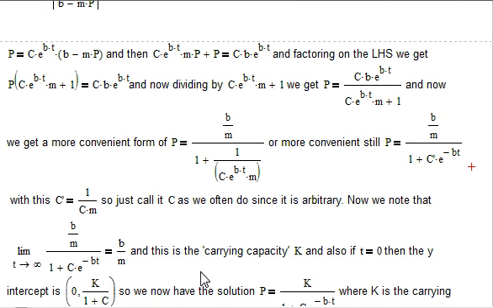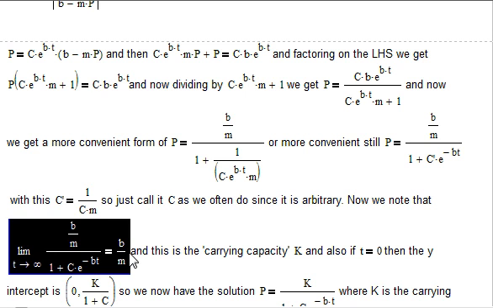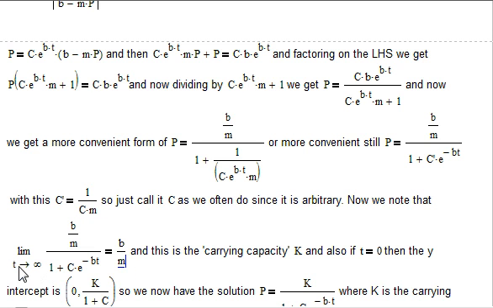And note that the limit as t goes towards infinity of this, well, e to the negative infinity is going to be going to 0. So we'd have b over m is what the population is growing to after a long period of time. Sometimes that number b over m is called the carrying capacity, k.